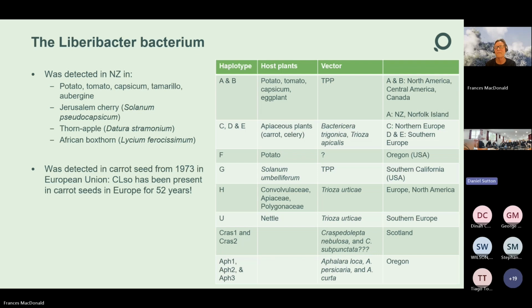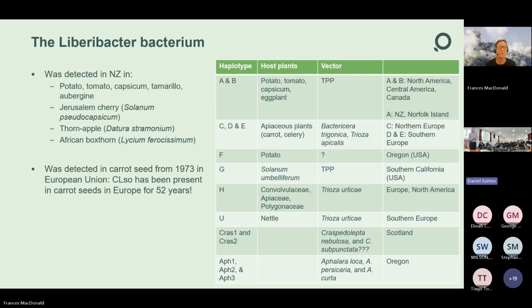And they found CLSO in there. They found basically the potato Candidatus Liberibacter in there. So that means that this pathogen has been around for a long time, and something must have changed in our varieties or in our climate or with the vectors, that all of a sudden it becomes such a problem for us.